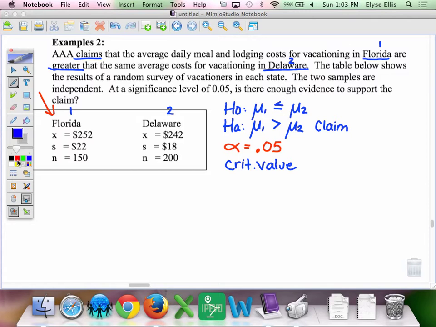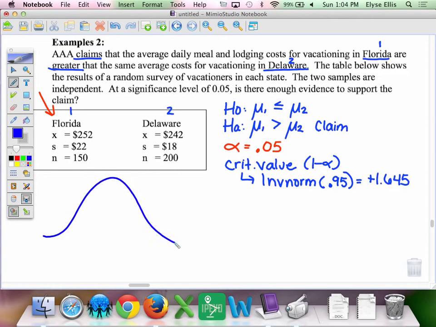Now, that's going to be handy for our critical value. This one is a right-tailed test. So you need to do 1 minus alpha. And what that means, if I do my inverse norm again, 1 minus 0.05 is 0.95. And then the calculator will give me a positive 1.645.